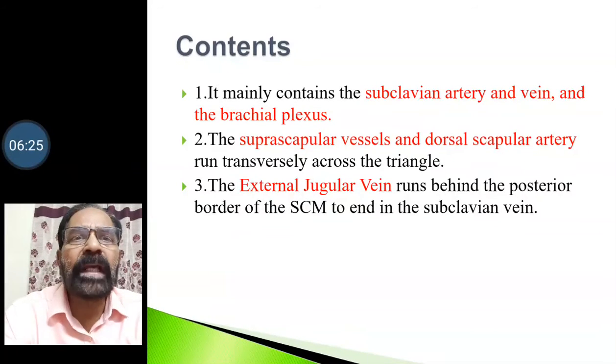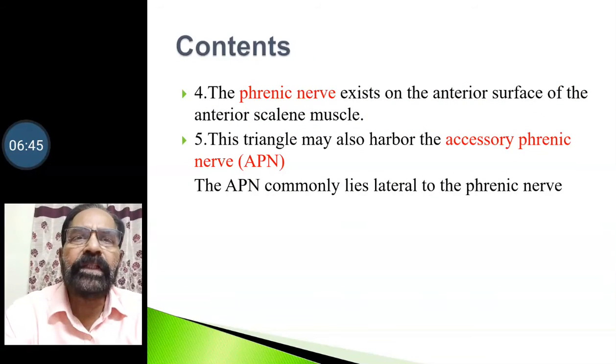Then the supraclavicular vessels: the dorsal scapular artery runs transversely across the triangle, and the external jugular vein runs behind the posterior border of sternocleidomastoid muscle to end in the subclavian vein. Continuing the contents, there is the phrenic nerve on the anterior surface of the anterior scalene muscle, and the triangle may also have the accessory phrenic nerve, which commonly lies lateral to the phrenic nerve.